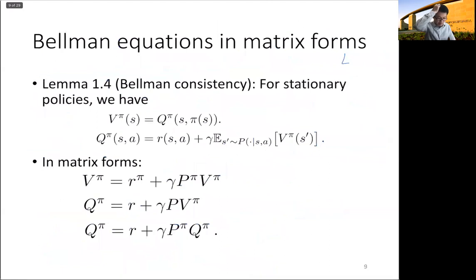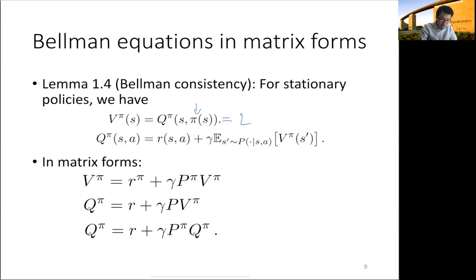Okay, so like I said, there are various different forms of Bellman equations. So when the policies are stationary, things are nice, and you can relate the V function and Q function in this way by this notation, and especially for a stationary non-deterministic policy.